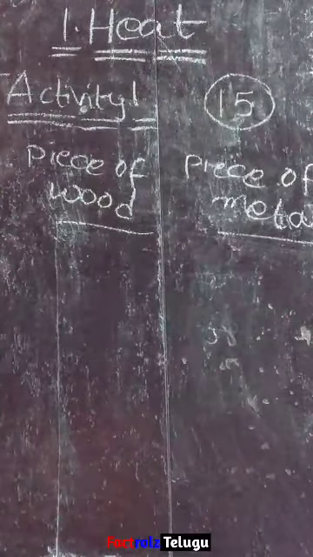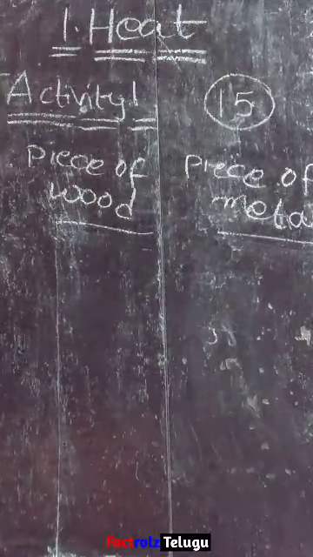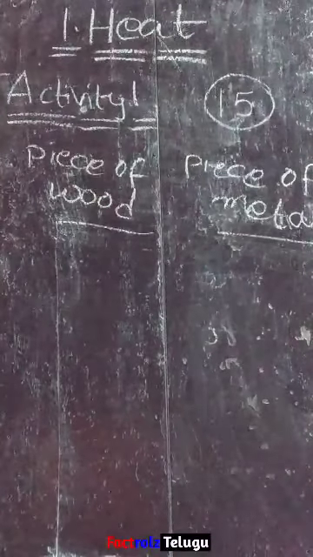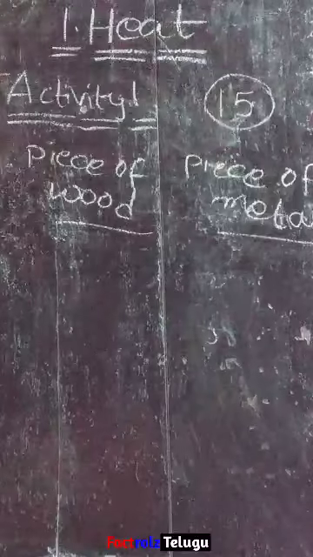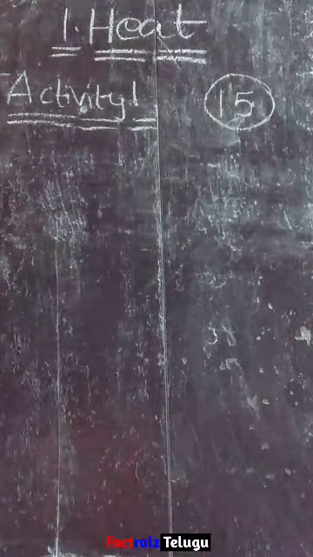Next, what we have observed is that when we keep any material in the fridge, they become cold, that means they lose energy. Here you have to understand one point, whatever you have taken, the piece of wood or piece of iron, just leave that.